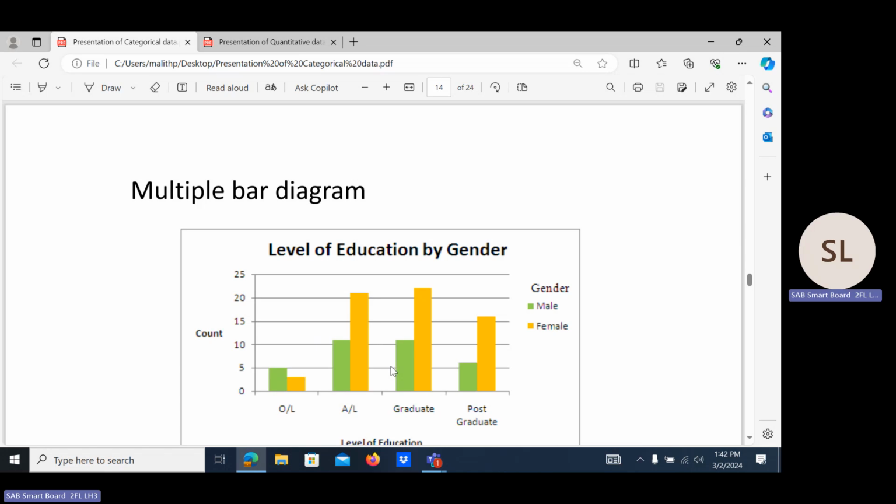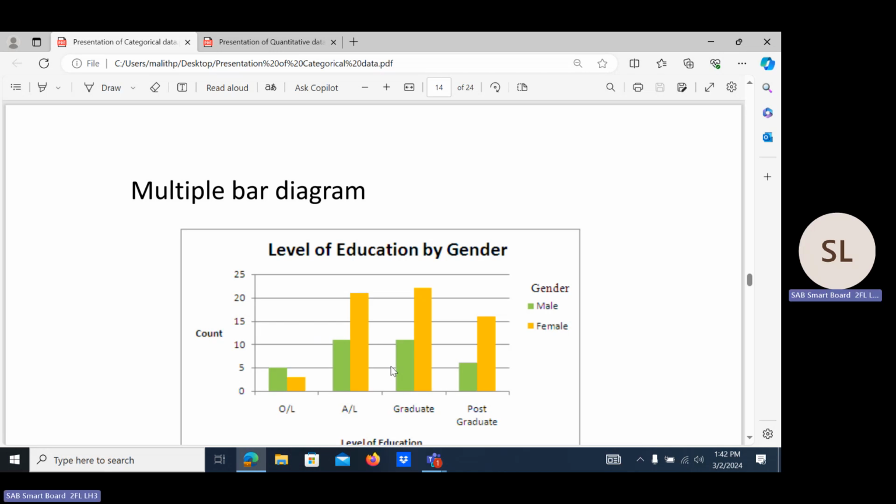Then we move into another one, multiple bar diagram. The other name is compound bar diagram. Multiple bar diagram or compound bar diagram. This one is used to denote more than one phenomenon.